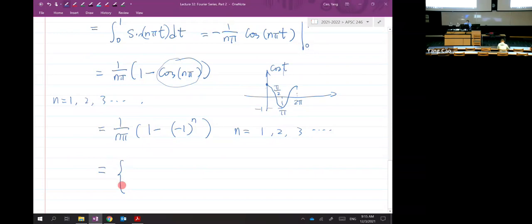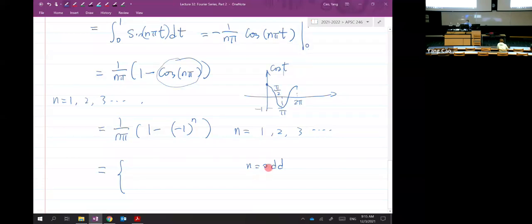And often in time, we can simplify this a little bit more. Okay, I wouldn't call it simplified, but maybe just a little more informative. If you write one more step, essentially, if n is an odd number, so 1, 3, 5, 7, 9, right? Those are odd numbers.